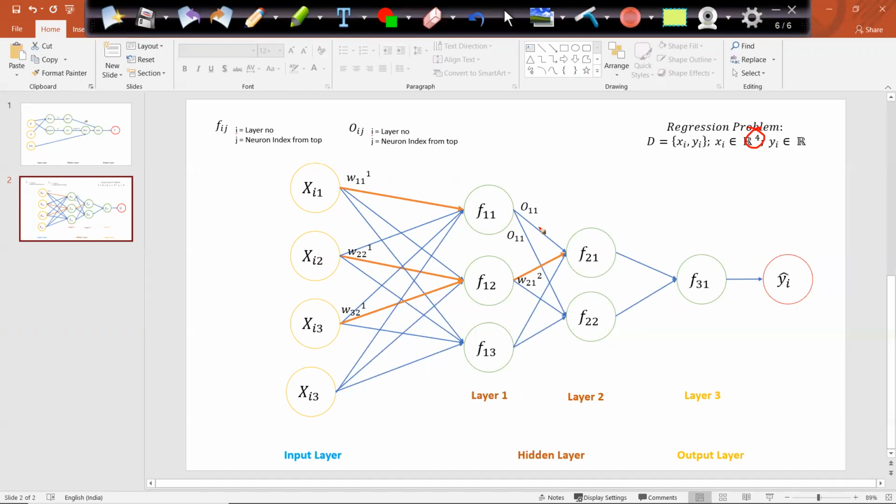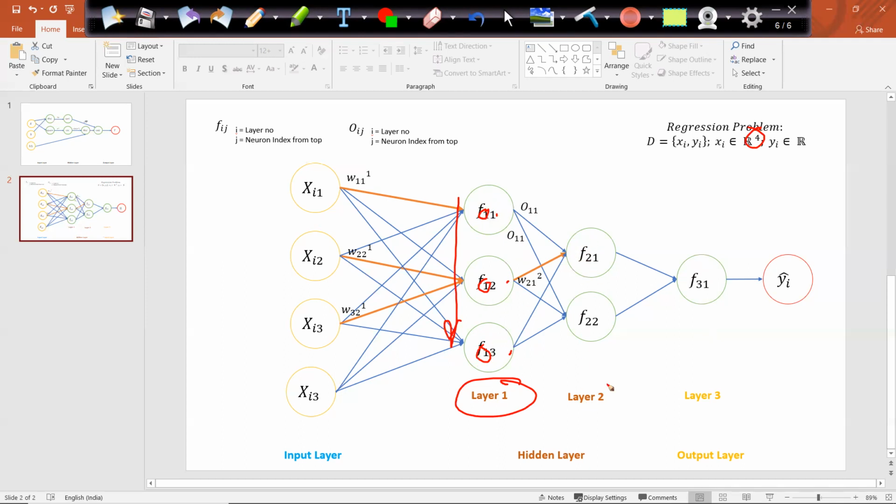These are my various neurons, F11, F12, F13, F21, F22, F31. You can see this is my layer number 1. From top to bottom, I have numbered them 1, 2, 3, in ascending order. So function 1,1, function 1,2, function 1,3.